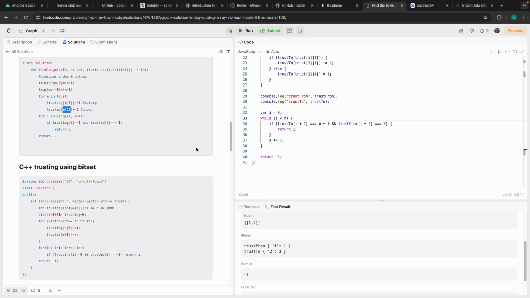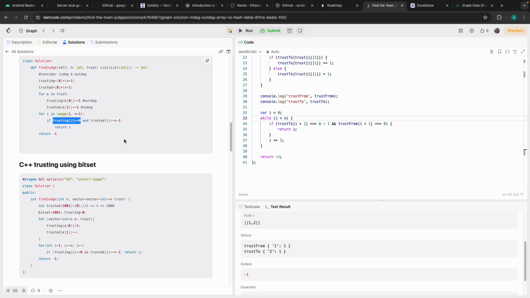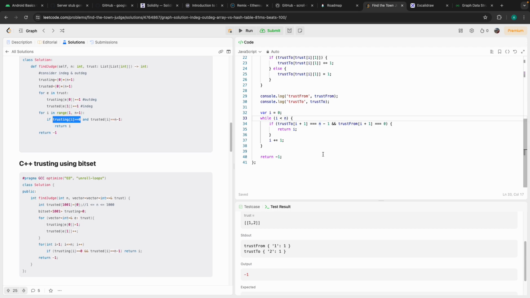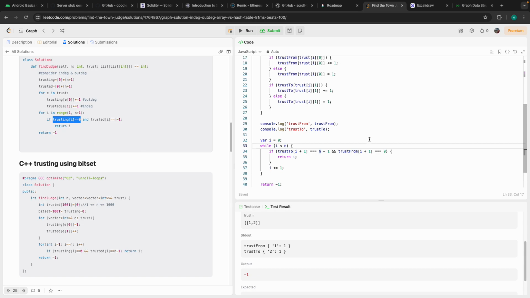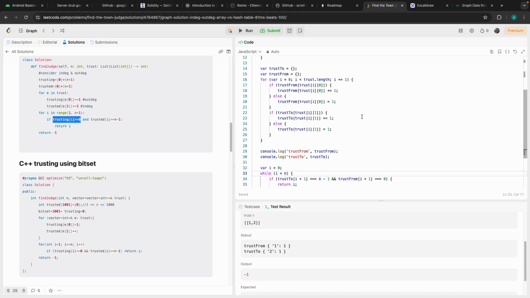Trusting. If it trusts no one. Aha. Initial, it should be in or, yes.